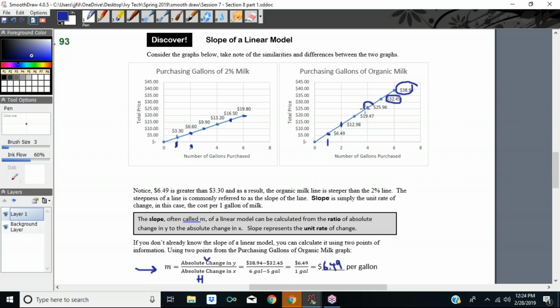We could take the 4 gallon price minus the 1 gallon price. So let's go ahead and do that just so you can see. $25.96 is the 4 gallon price minus the 1 gallon price, and then divided by 4 gallons minus 1 gallon, because that's where we are down here.